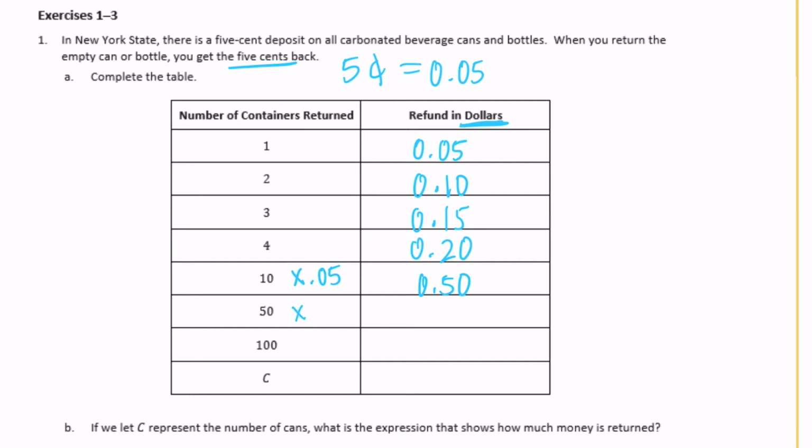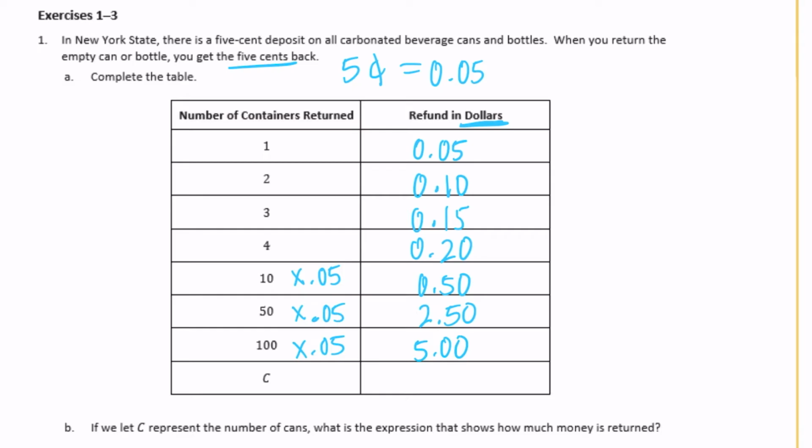If we multiply 50 times 5/100ths, we would get, 50 times 5 is 250. So we just need to move the decimal 2 places, so that'd be 2 and 50 hundredths, $2.50. 100 times 5/100 would be $5.